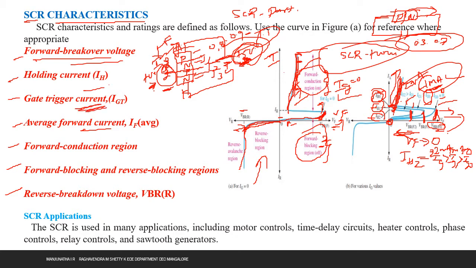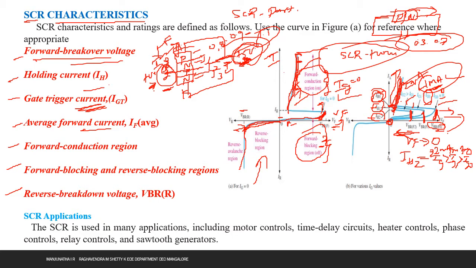Okay, third term. So what is the meaning of gate trigger current? This is the value of gate current necessary to switch the SCR from the forward blocking region to the forward conduction region under the specified conditions.